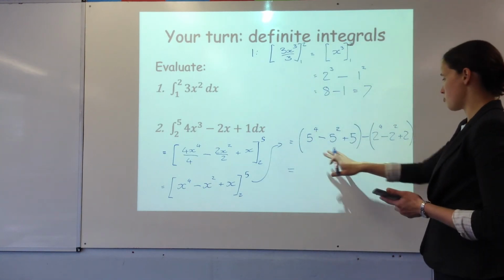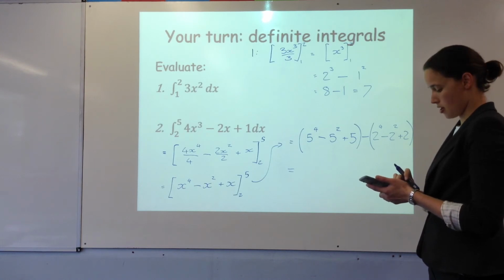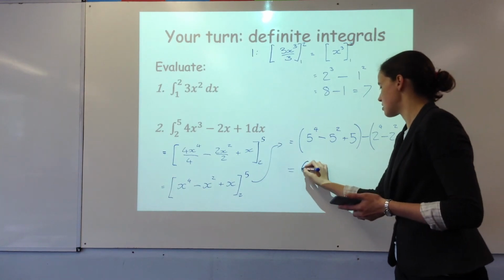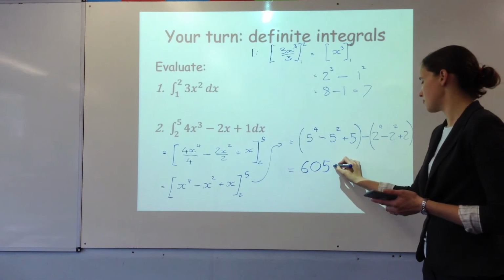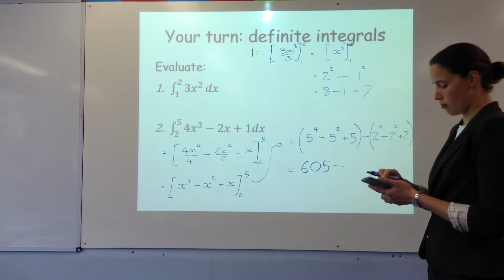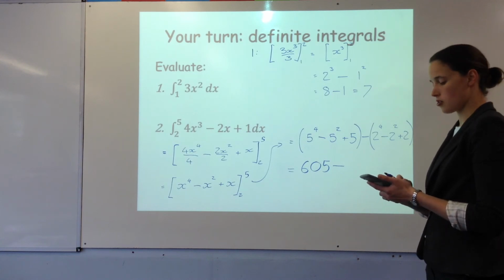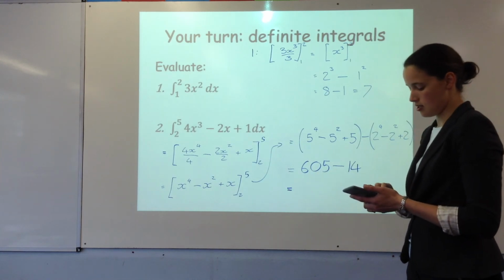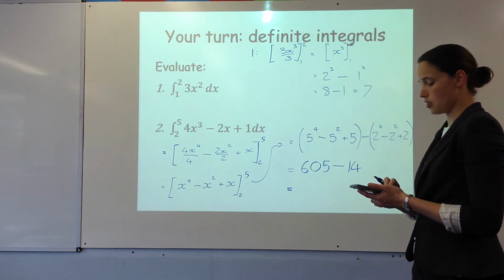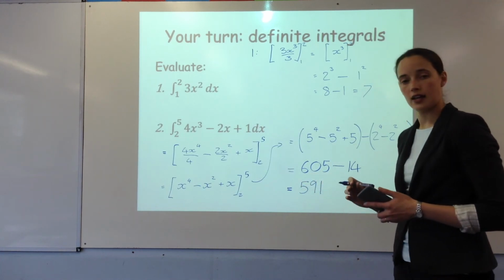I'm just going to type the first bracket into my calculator. 5 to the power of 4 minus 5 squared plus 5 gives me 605. And I'm going to minus from it the second bracket. 2 to the power of 4 minus 2 squared plus 2, which is 14. So my final answer is 605 minus 14, which gives me 591 as my answer.